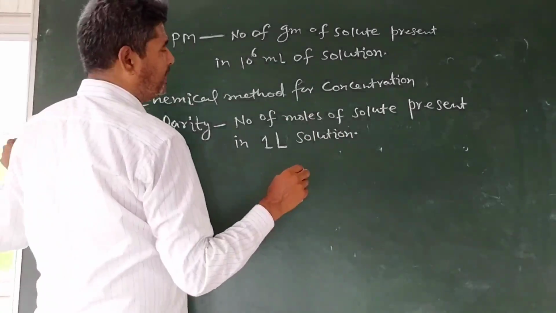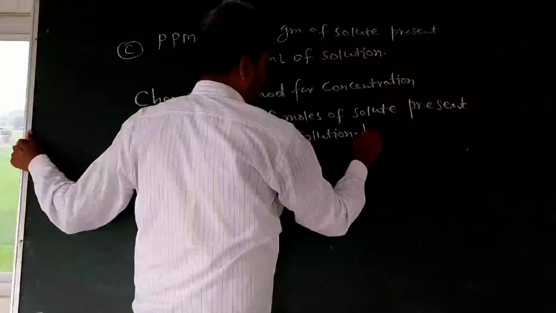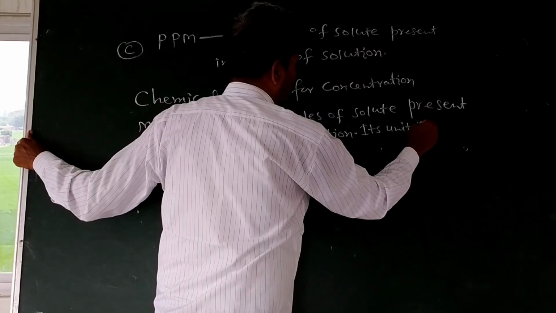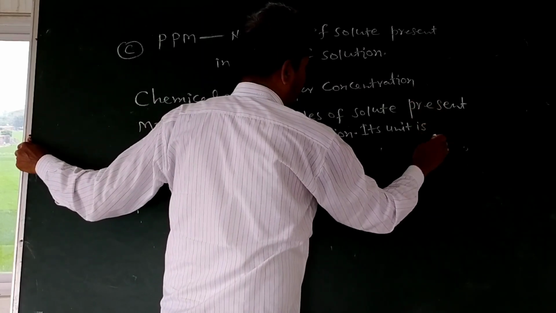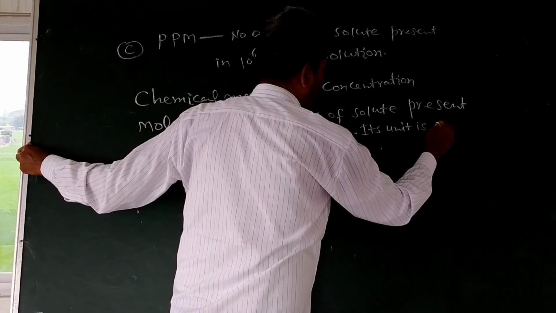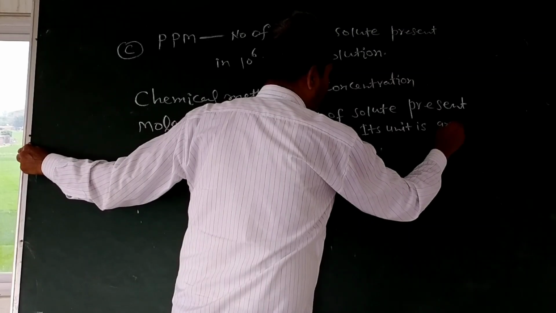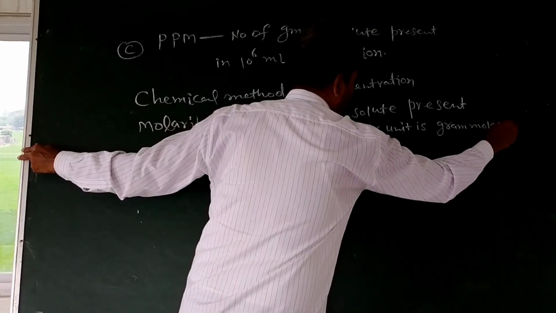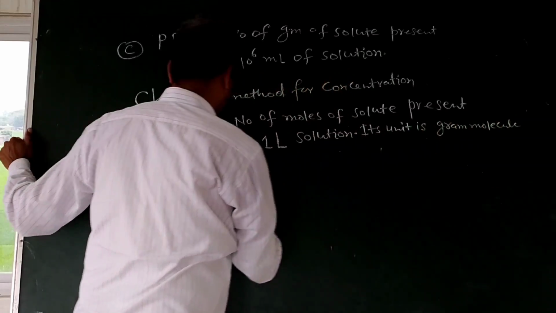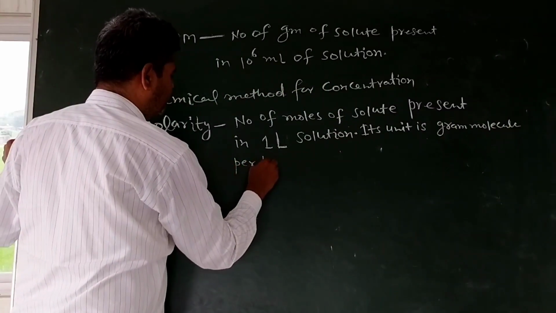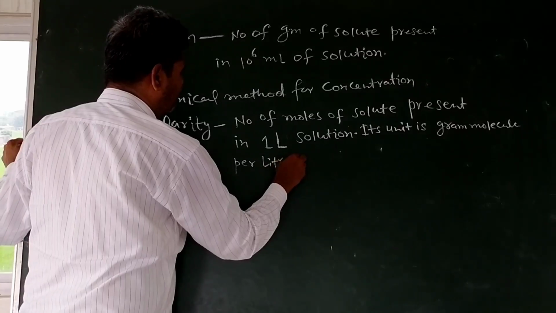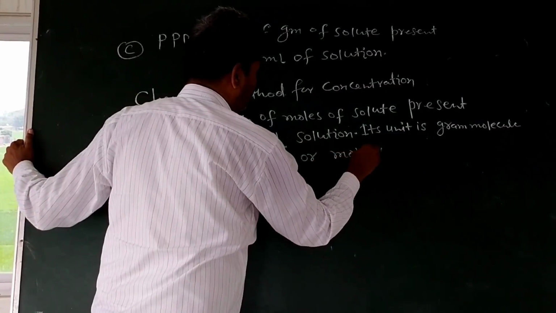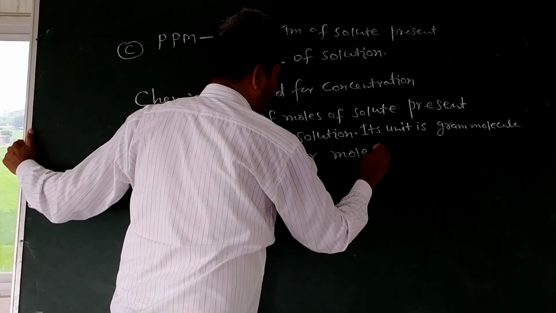It is represented by capital M. Its unit is gram molecule per liter or mole per liter.